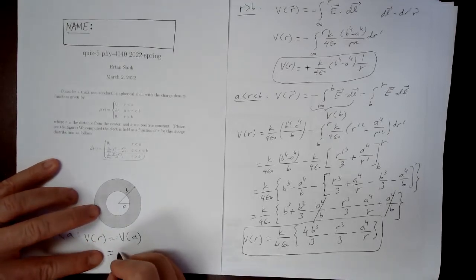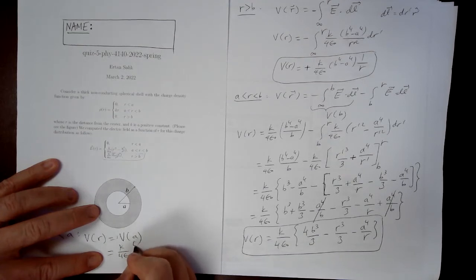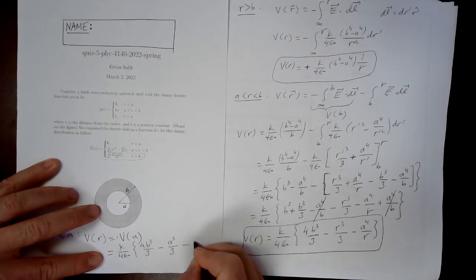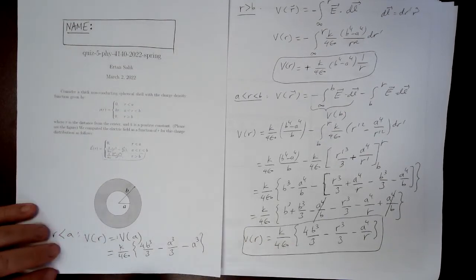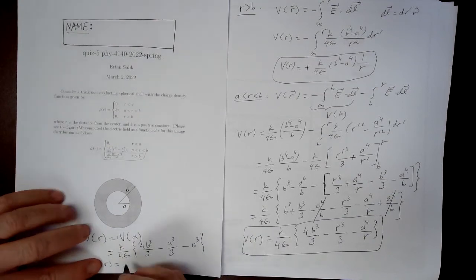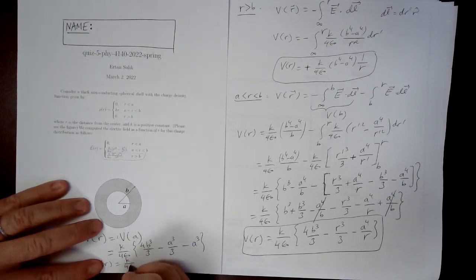So what we will have is K over 4 epsilon naught, 4B cubed over 3 minus A cubed over 3 minus A to the 4 over A, which is A cubed. Okay, so for this region, V of R becomes K over 4 epsilon naught, with another 4 coming from here, 4A cubed over 3.